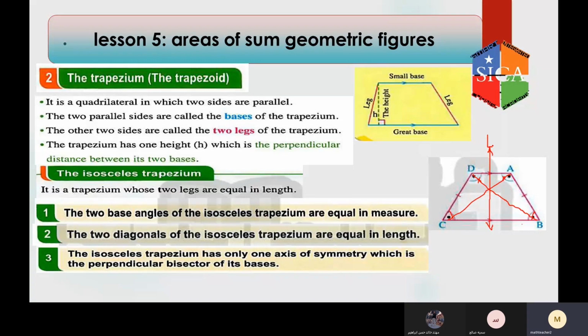Then the properties of the isosceles trapezium: the two base angles are equal in measure. The measure of angle B equals measure of angle C, and measure of angle A equals measure of angle D. The two diagonals are equal in length. Then AC equals DB. The isosceles trapezium has only one axis of symmetry, which is the perpendicular bisector to its bases.